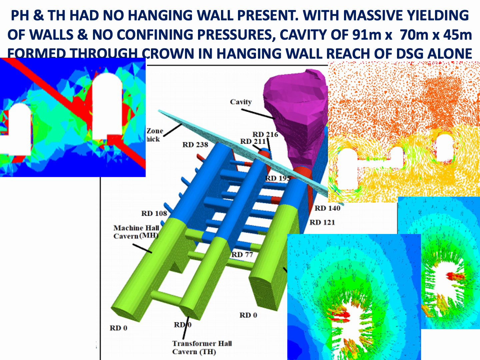This fall of rock blocks from the immediate vicinity in the crown was followed by a raveling fall of loosely packed rock blocks under their own weight, which formed the huge cavity in a short duration.